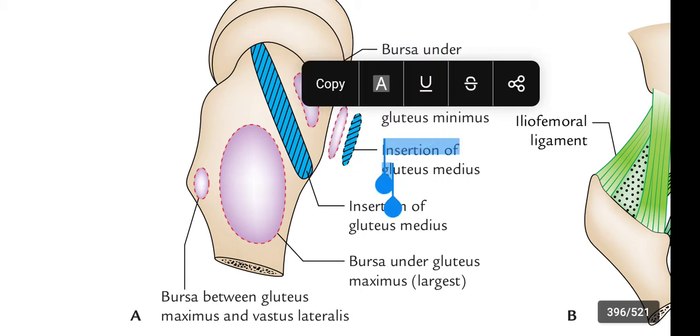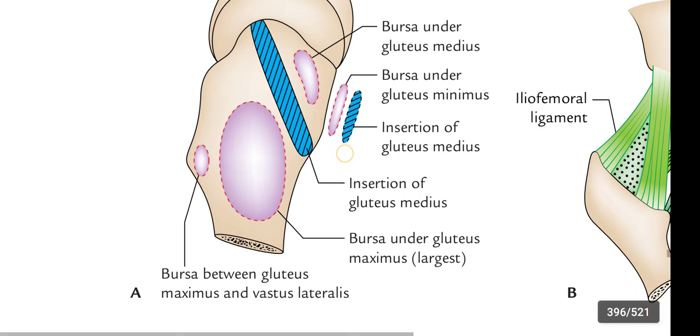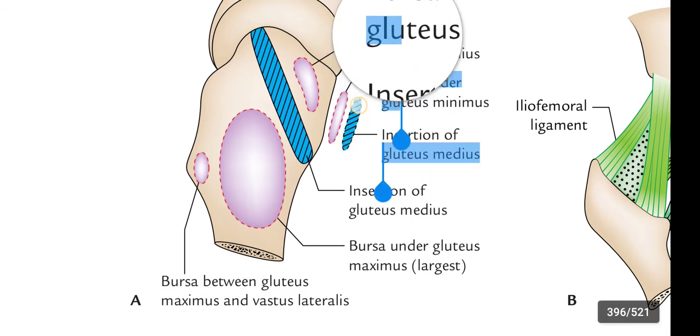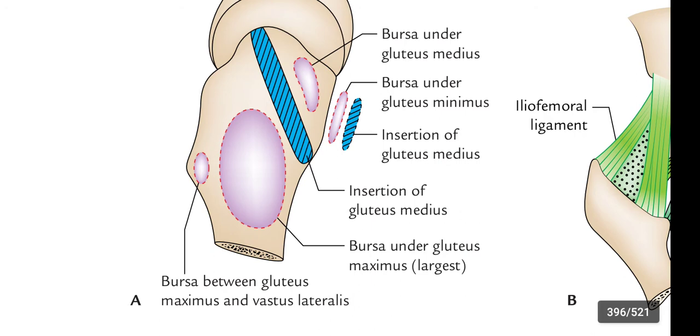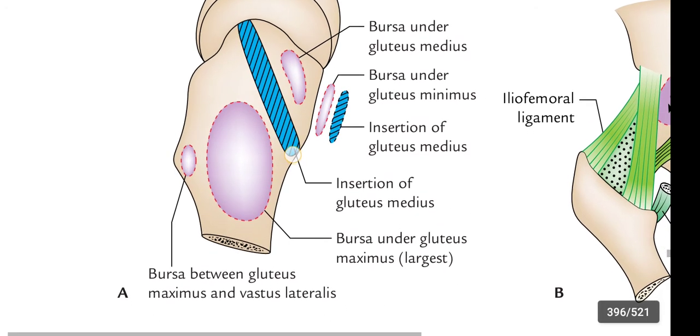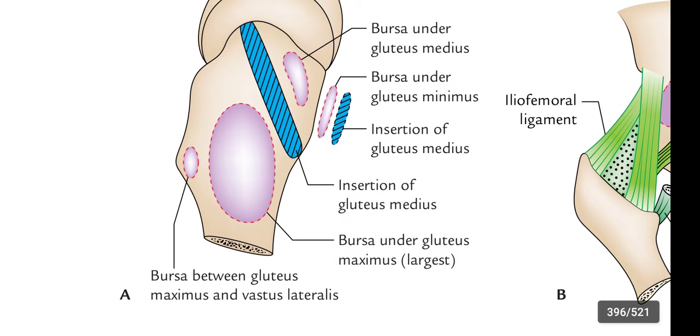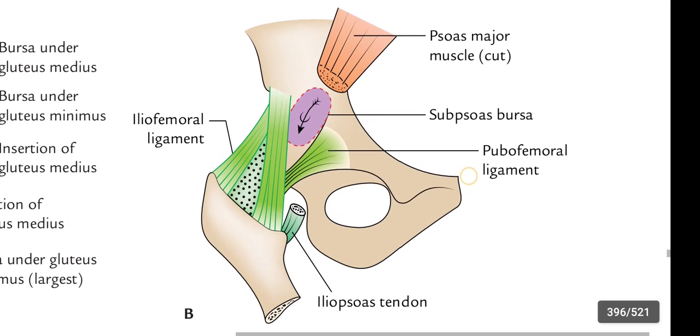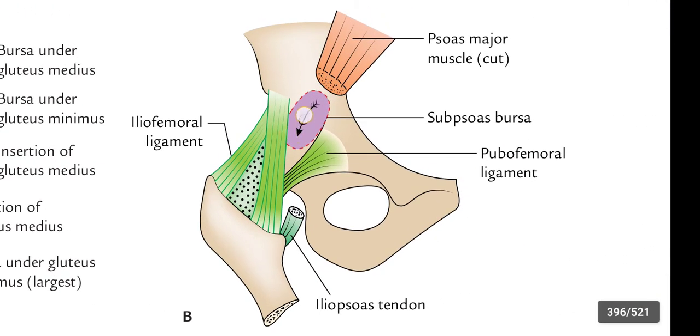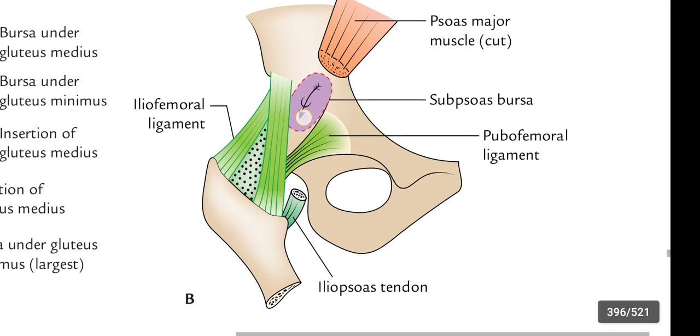This is the insertion of gluteus medius muscle. Okay. This is the subpsoas bursa, between the iliopubic eminence and psoas tendon.